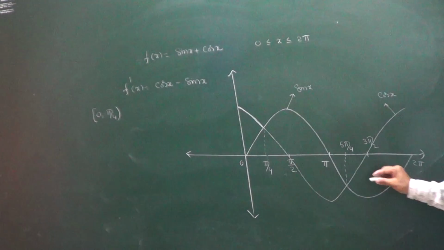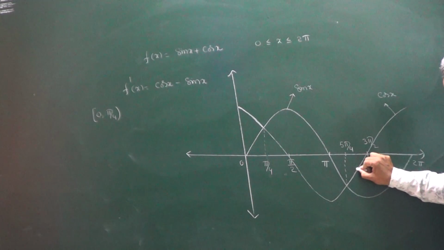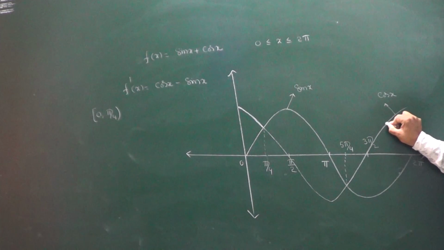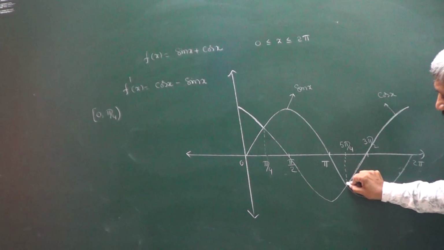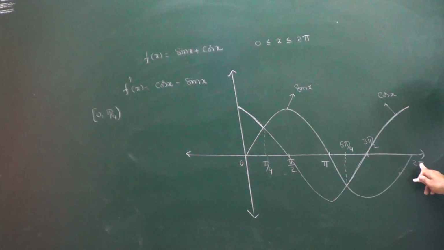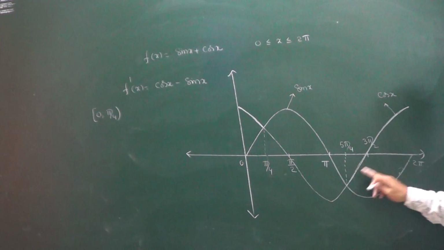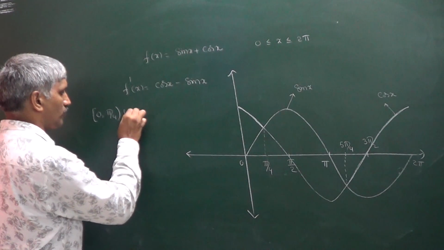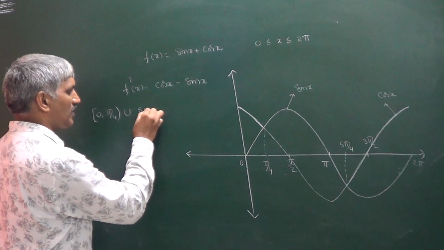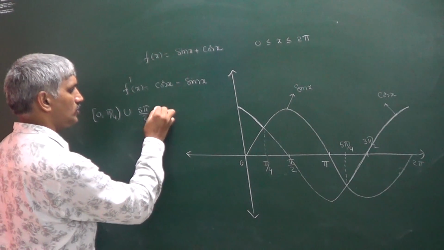You can observe that from 5 pi by 4 to 2 pi, the graph of cos x has the dominating values. That's why the closed interval 0 to pi by 4 union 5 pi by 4 to 2 pi.